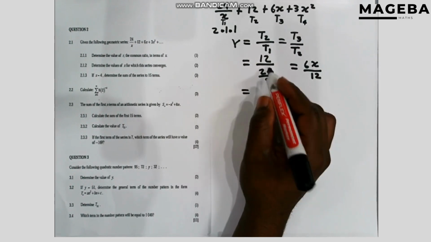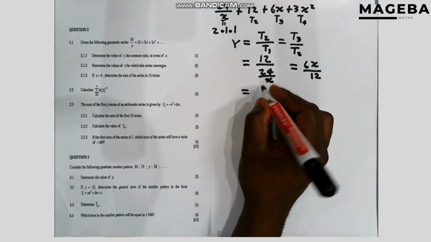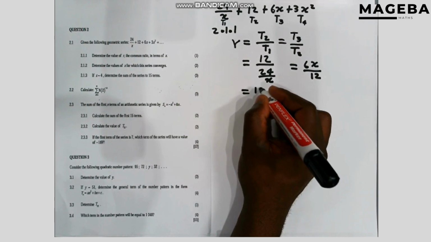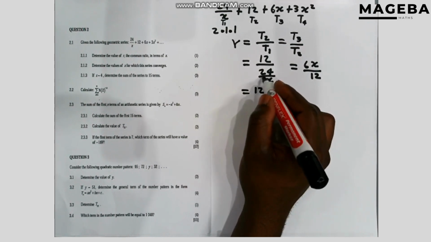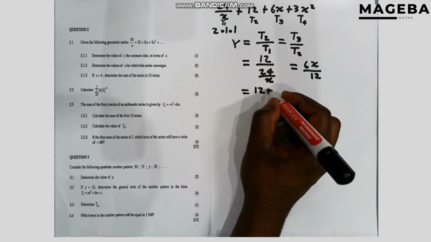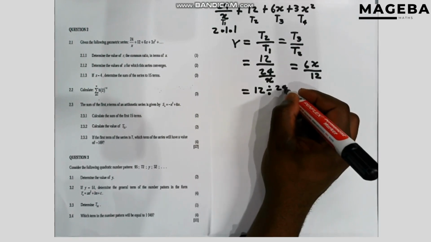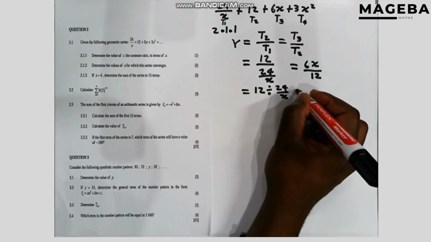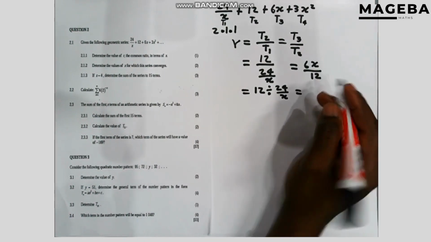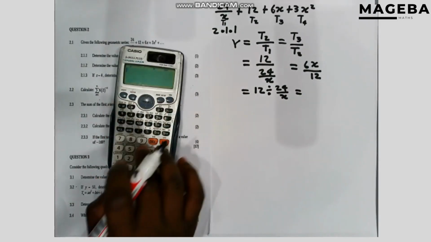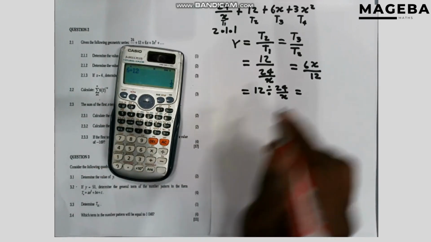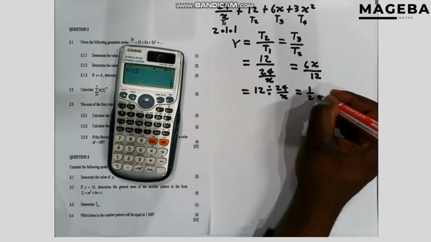Now from this side, since we have two division signs, I'm just going to say 12, and this division sign here I'm just going to put it here, and I'm just going to say 24 over x equals this one. 6 divided by 12 is just 1 over 2x.